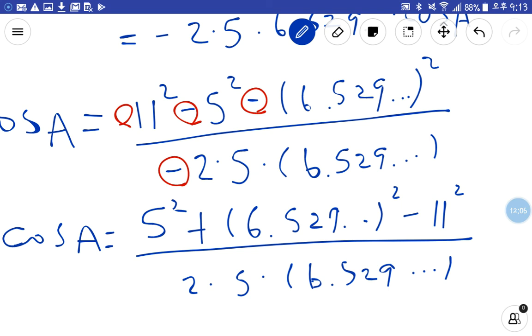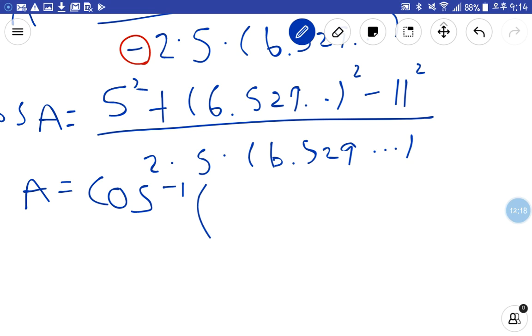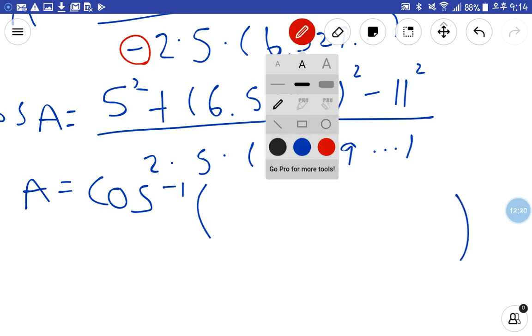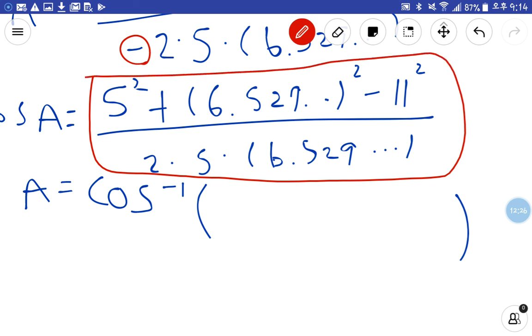So just plug in everything to your calculator. Now what? I want you to get the angle A. What should we do? Put the arc cosine. So arc cosine, and what you need to do? Plug in everything you have in here. Everything needs to go into these parentheses. Okay?